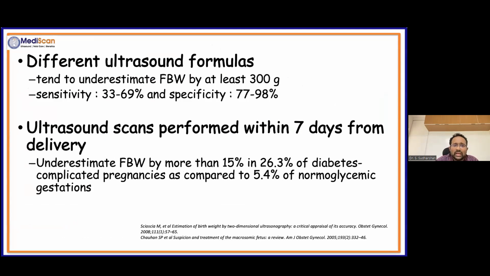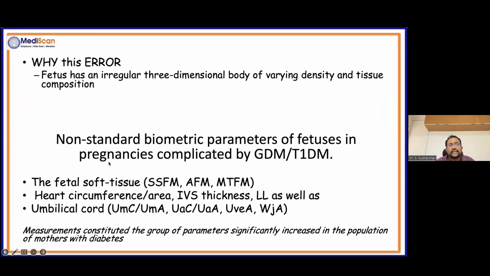So I will conclude this talk by giving you this last bit of recent evidence. Because all these formulas have difficulties, some recent evidence tried to use non-standard biometric parameters to see if you could predict macrosomic babies or predict the weight better.